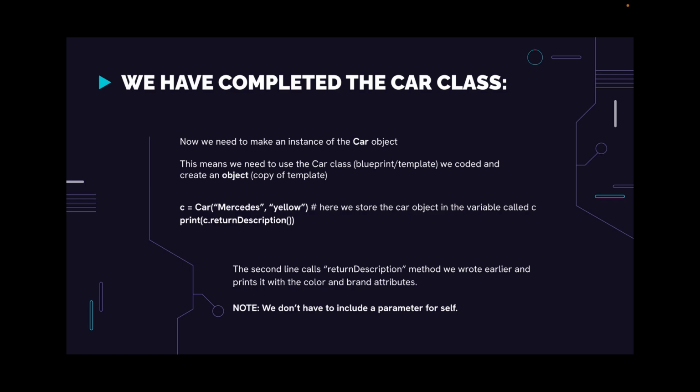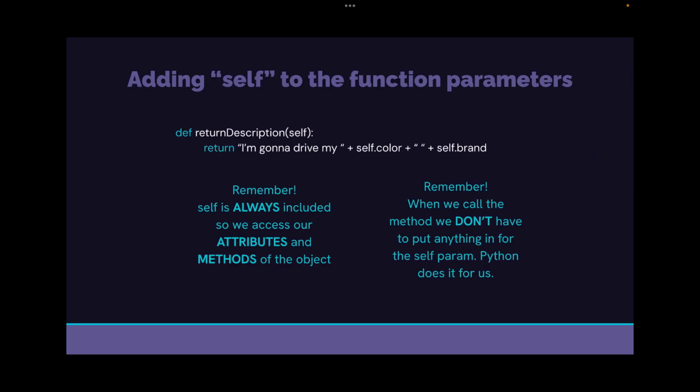In this line of code, we are storing Mercedes in brand and yellow in color. And if we printed c.return_description, we would get our description as we specified earlier, which is I'm going to drive my yellow Mercedes. We don't need to include a parameter for self because Python already knows that you are creating an object.